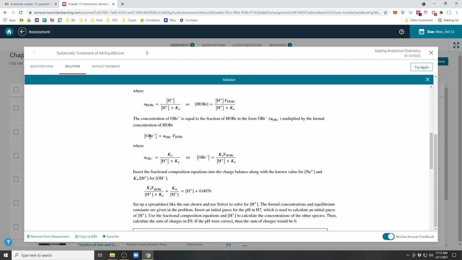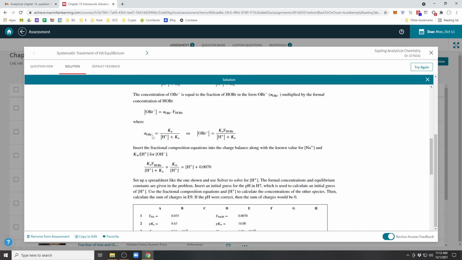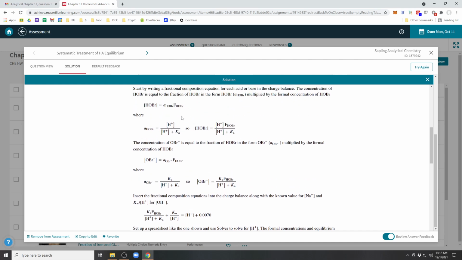What would be the concentration of the OBr? Well, it would be the difference, right? So it would be the fraction that breaks up, so it's that difference, times the formal concentration that we start with. And so again, there is in your book a simplified version, which would be the fraction that breaks up. Notice it's like an inverse of this. We multiply both sides of this equation to get the other, if you're ever curious.